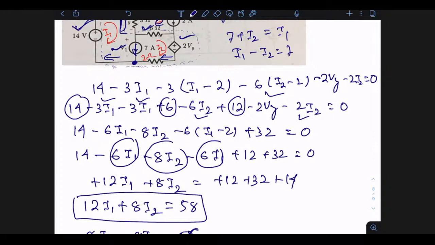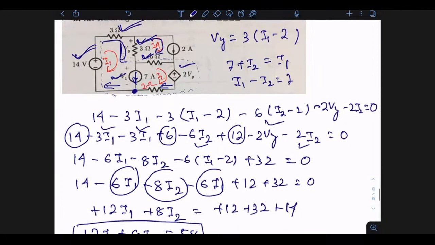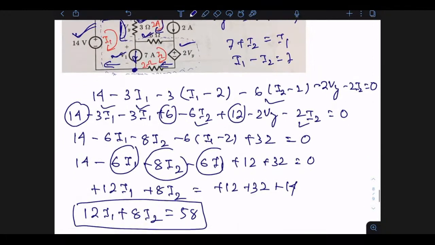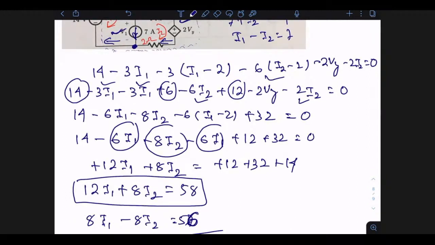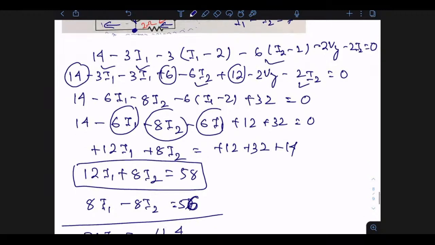Yeah, fine. In place of psi, we said it is 3, so 2 into 3 is 6 into I1 minus 2 plus 32 equal to 0. So 14 minus 6I1 minus 8I2 minus 6I1 plus 12 plus 32. Then 12I1 plus 8I2 is equal to 58. Fine.